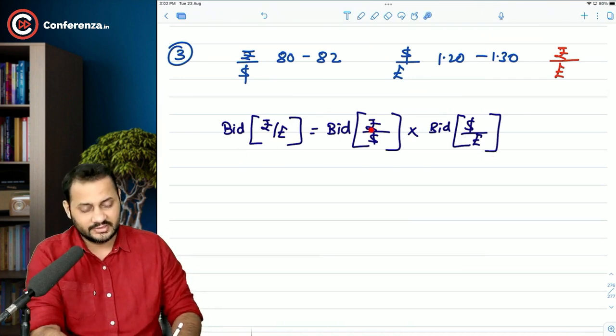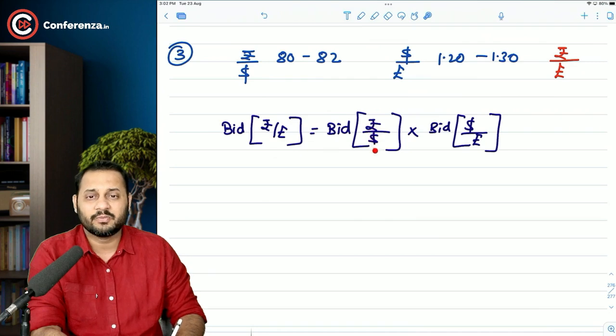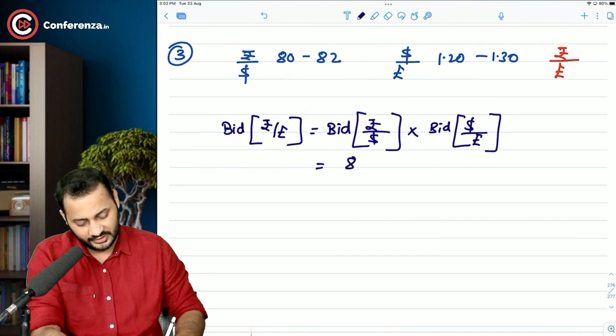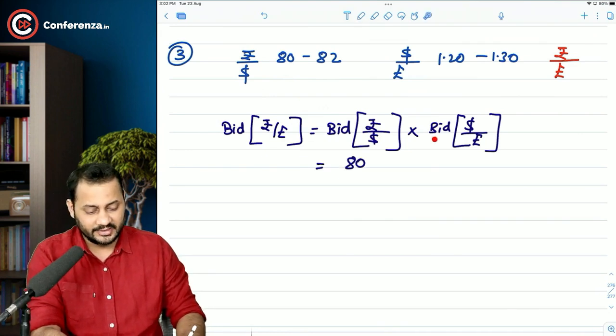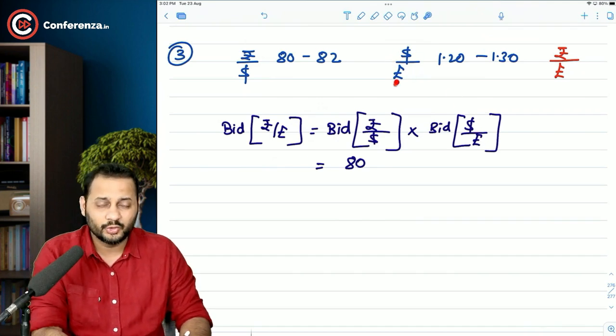First of all, let's find out whether the quote given to us is as per the requirement or not. Here we require rupees per dollar, and the equation has rupees per dollar, so take the bid of that, which is 80 rupees. Then the second is the bid of dollar per pound. First thing to compare is whether the given quote is as per the requirement.